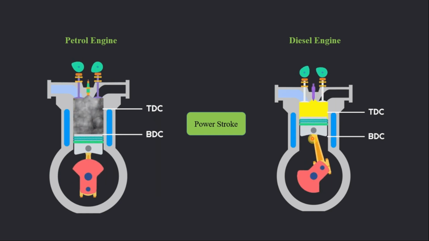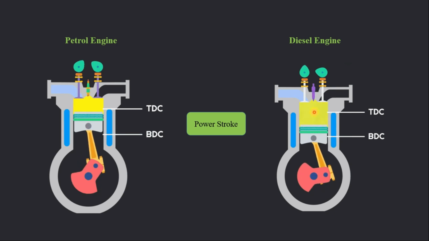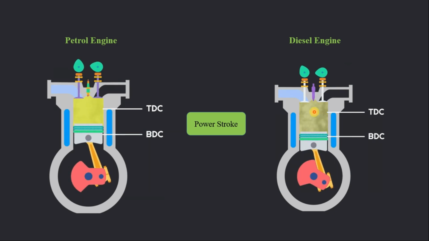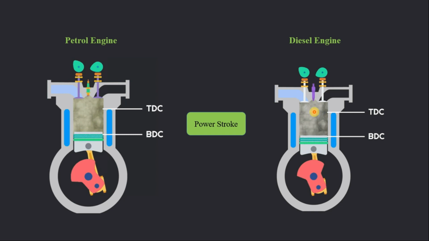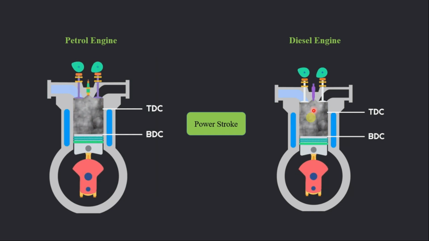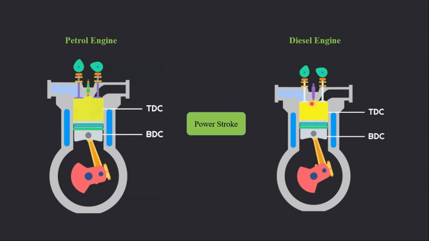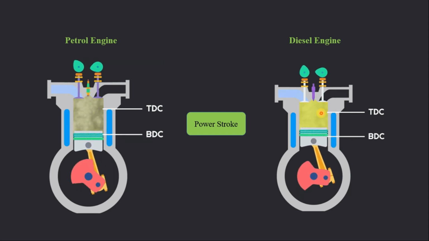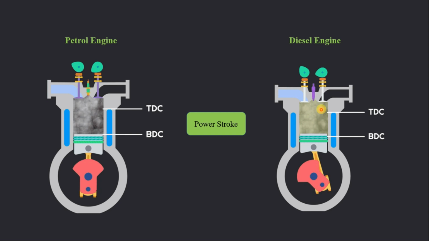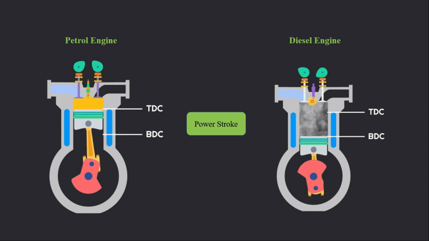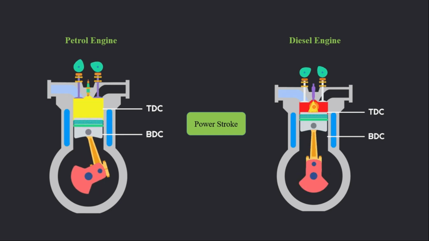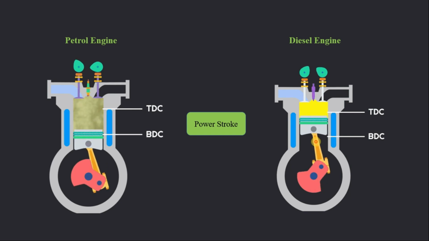In a diesel engine, we have compressed the air and the temperature of the air is increased up to the self-ignition temperature of diesel. And as the temperature of the air reaches the self-ignition temperature, we are just injecting the diesel fuel inside the cylinder. Because of this, the fuel will be burned and power will be generated.